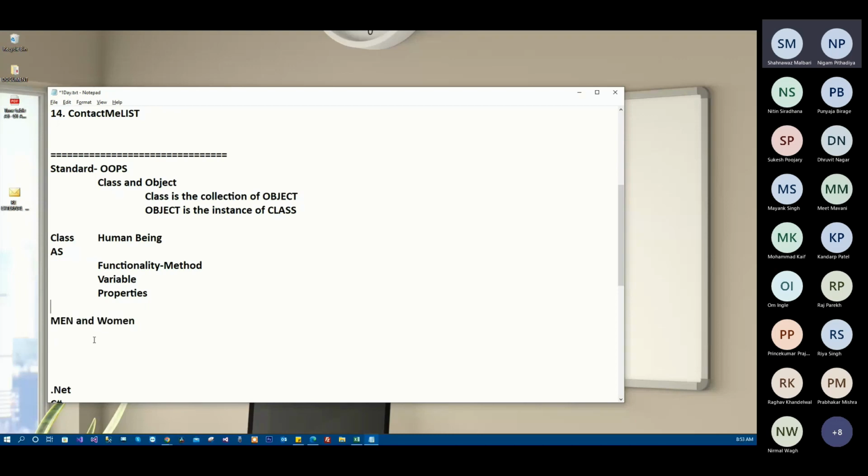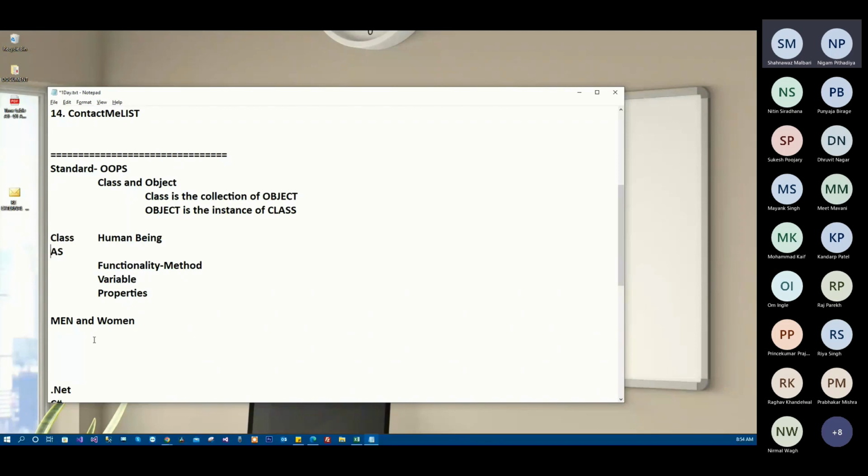Just to explain object-oriented programming, guys, I'm using the concept of the real world, because object-oriented programming, as Nitin also pointed out, is connected with the real world. Yes, it's connected with the real world. As per my knowledge, the thing which you can do on hard copy, you can do on software, and that is possible with the help of the object-oriented concept.